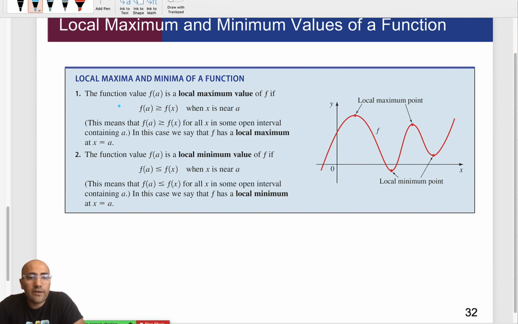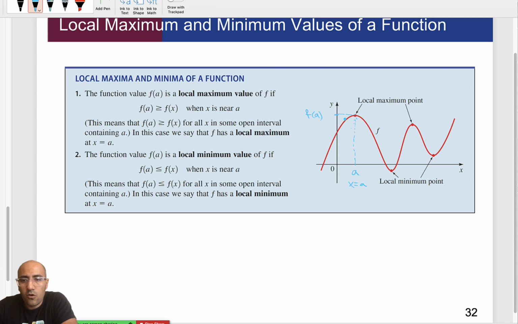Good? So the function value f of a is called a local max of f if it's true that f of a is greater than f of x when x is near a. Looking at this picture here, we would say that x equals a maps out to f of a.